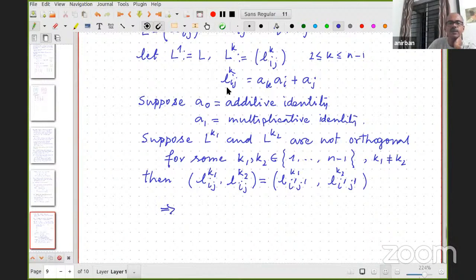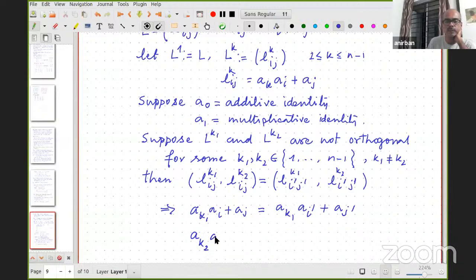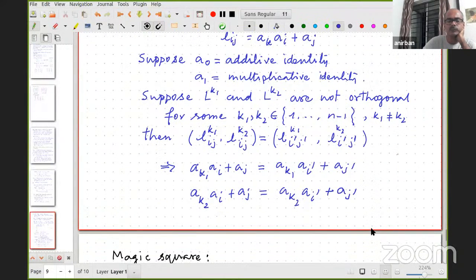If that happens, then just use the definition. a_k1 a_i plus a_j is equal to a_k1 a_i prime plus a_j prime, and the other one, a_k2 a_i plus a_j is a_k2 a_i prime plus a_j prime.